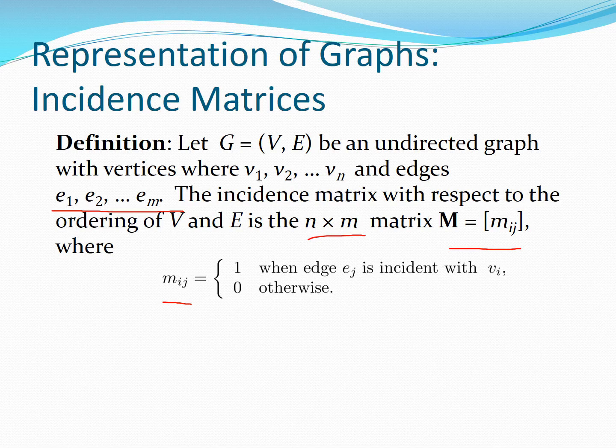So if the given edge Ej is connected to Vi, then your Mij position is going to be a 1. If that given edge does not connect to the given vertex, then it is going to be a 0. We're going to look at an example of this real quick, so you are going to understand this much better.